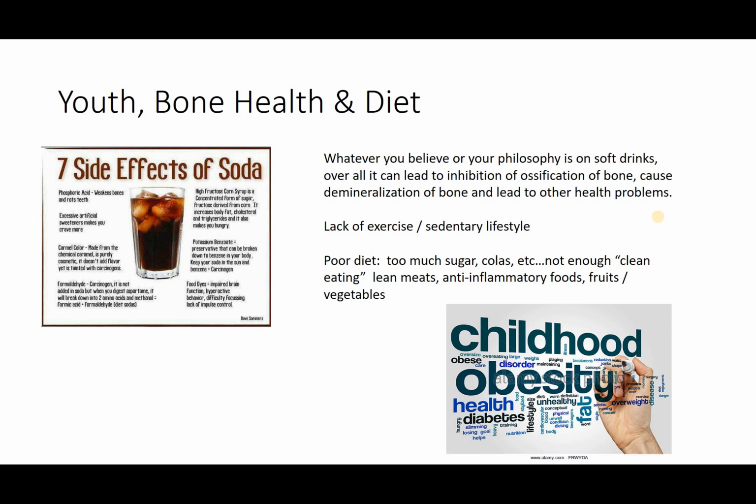Okay, with youth these days, I'm just barely going to touch on this. This is more of an ANP2 thing because in that section we get into the gastrointestinal system and nutrition. But the quick version is this.